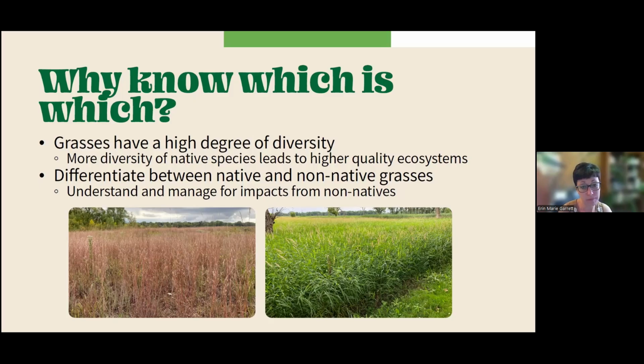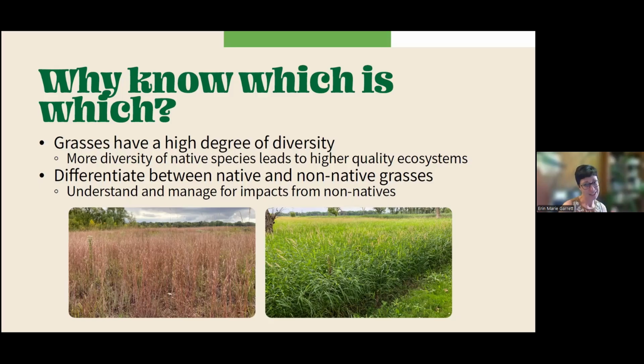I have one picture of, we'd say, a monoculture of a native grass and one that's definitely a monoculture of an invasive grass here. And so understanding, right, if there's a big batch of a grass growing, that doesn't necessarily mean that it's bad. It could be a desirable grass. So it is important to know which is which and how to manage in those different circumstances.